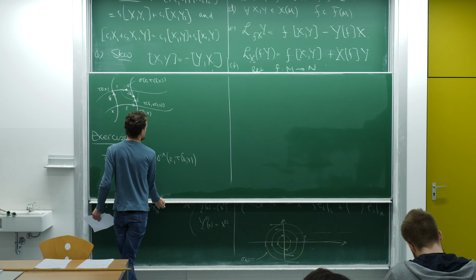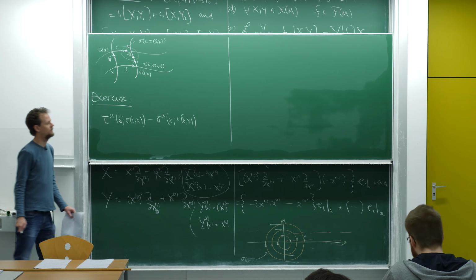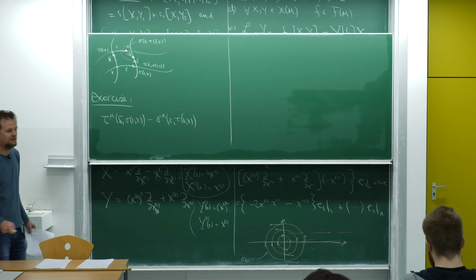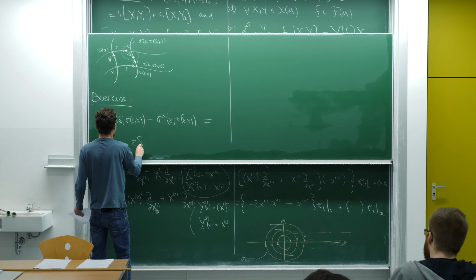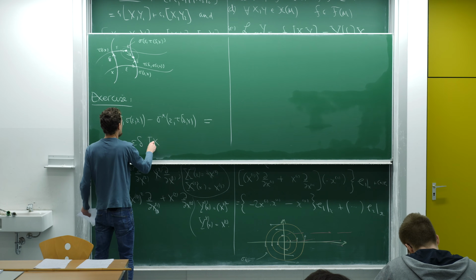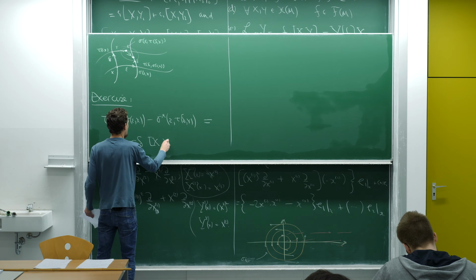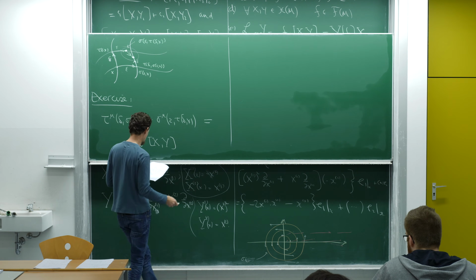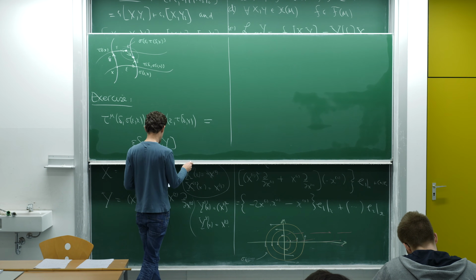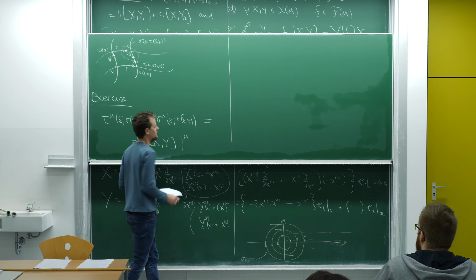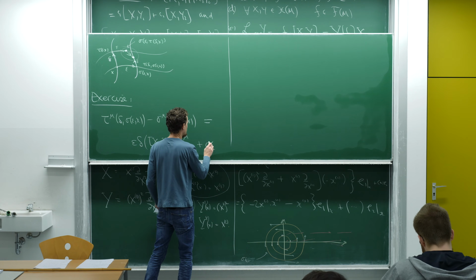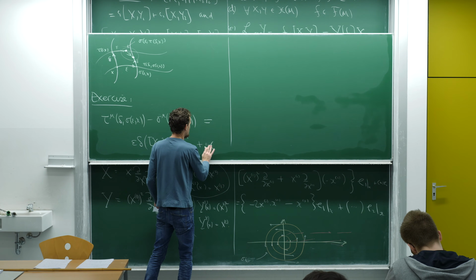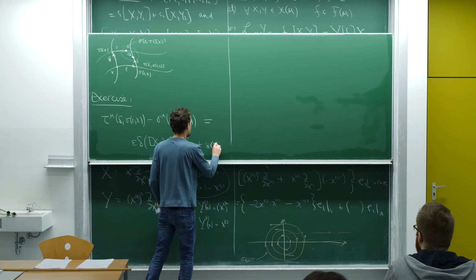And the exercise is to show that this is equal to none other than epsilon delta, the commutator of x and y, the Lie bracket of x and y, the muth coordinate thereof, plus higher order. So that should be little o epsilon delta.